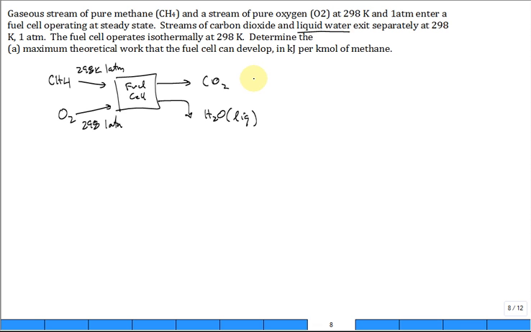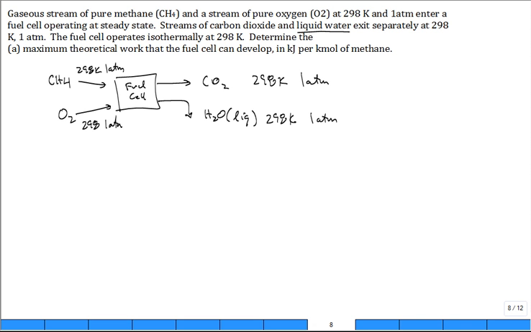At what temperature? 298 Kelvin for the CO2 and 1 atm. At 298 Kelvin for the liquid water at 1 atm. Can you have liquid water exit at 1 atm, 298 Kelvin? Yes, you can. It's possible. So that's a black box for a fuel cell.